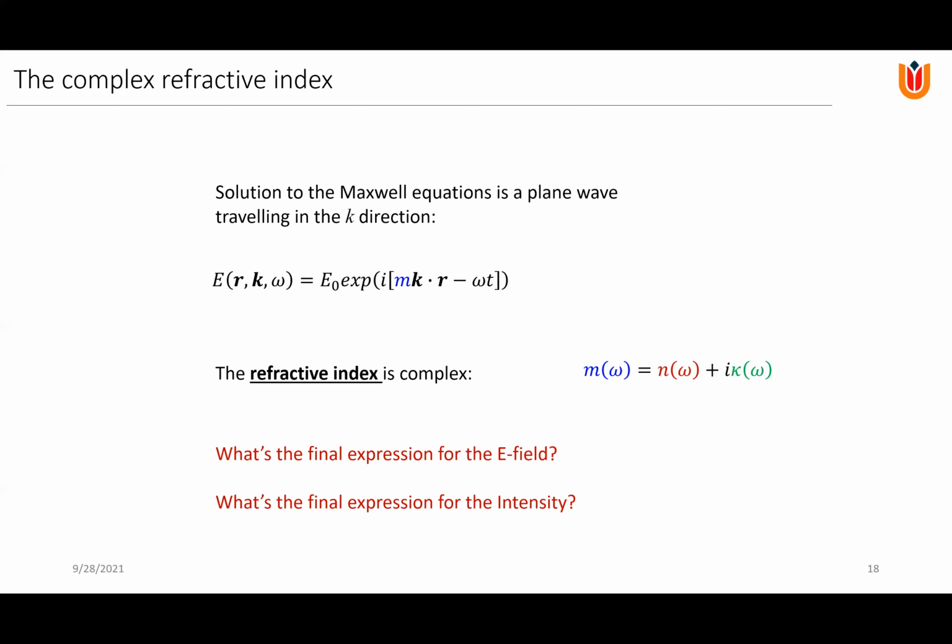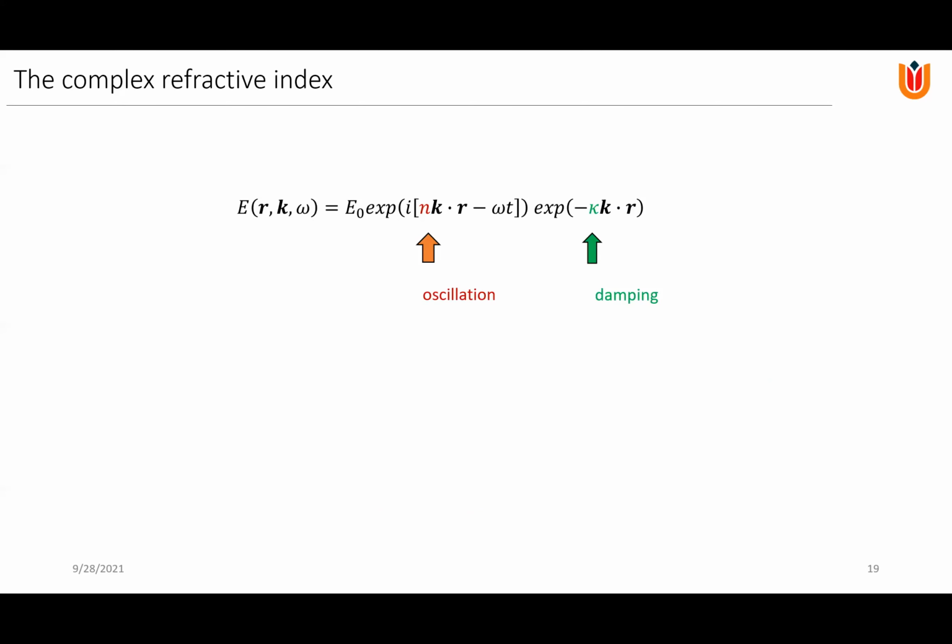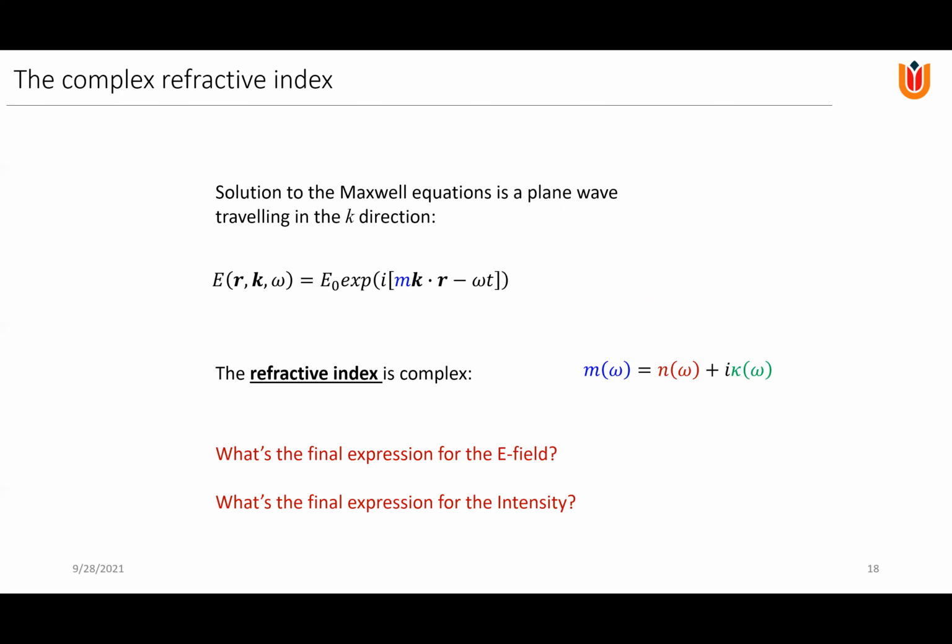So you would fill in something that is real and imaginary into the exponential. If you multiply the real part with i, then of course it becomes an imaginary part.